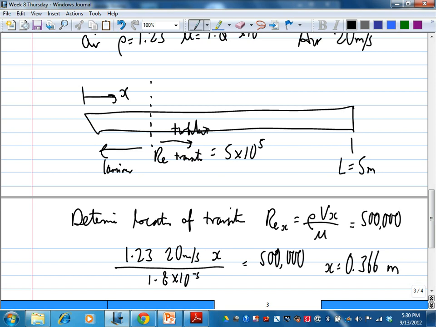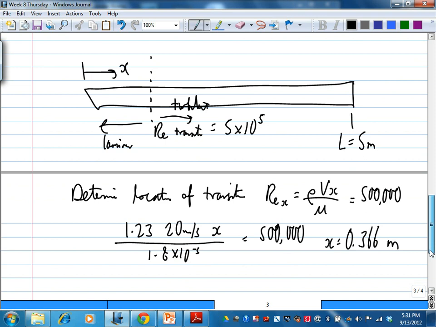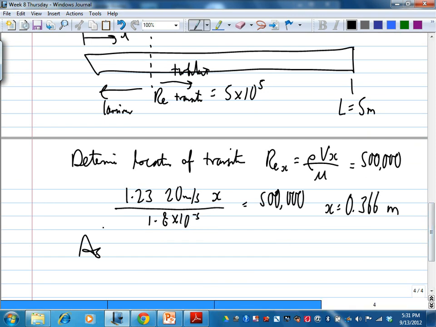But if your plate is a lot longer than this transition, we can more or less assume, for simplicity, that it's turbulent. Assume L much larger than x transition, much larger.